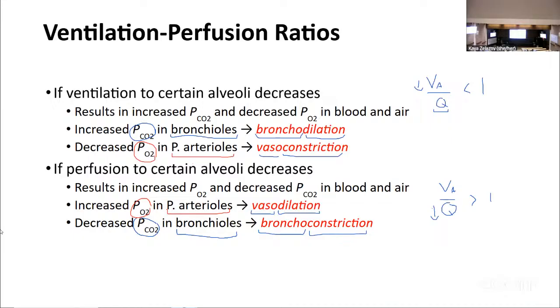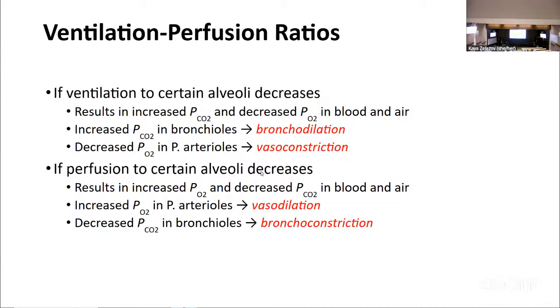So we want to be able to think through this flow of the ventilation perfusion ratios. Keep in mind, we're trying to match these. We're trying to keep it at 1. And then we want to just be able to logically think through how we get there. Remembering carbon dioxide is leading to our reaction in bronchioles.